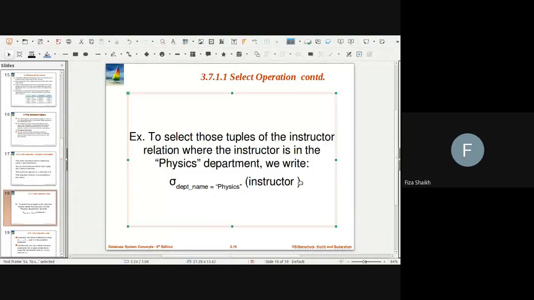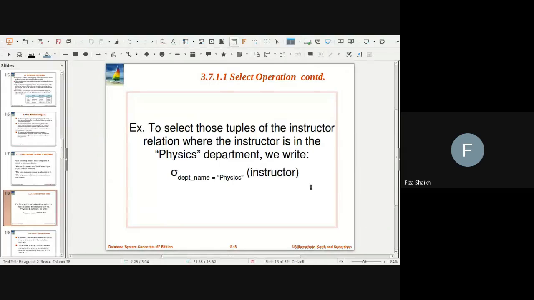Ma'am, by using the where clause, we can write the salary query, like where salary is greater than 60,000 or 80,000. First question, had I used a where anywhere? No. Then select.